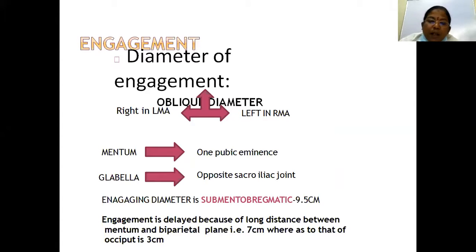The mentum is the prominent part, and the glabella is opposite. The mentum is at one pubic eminence.